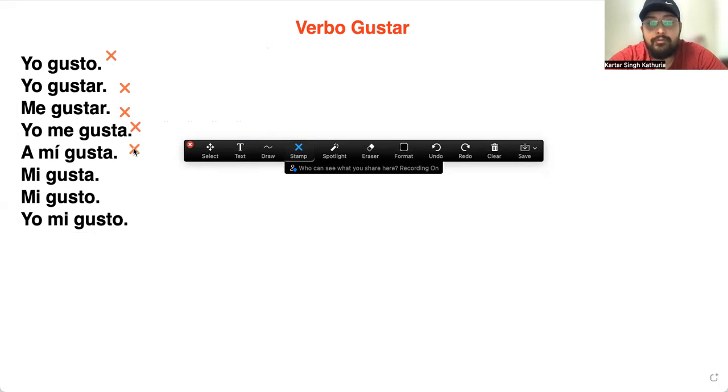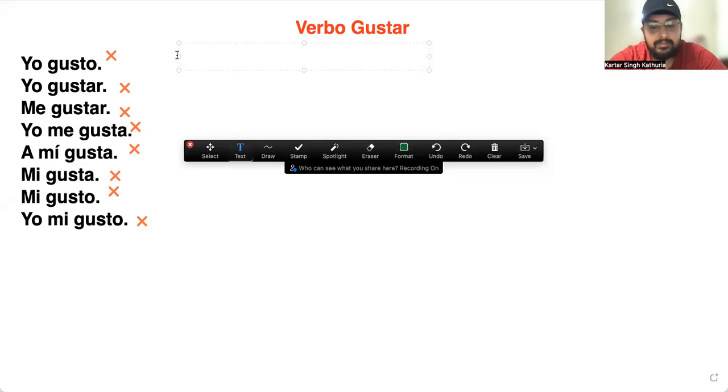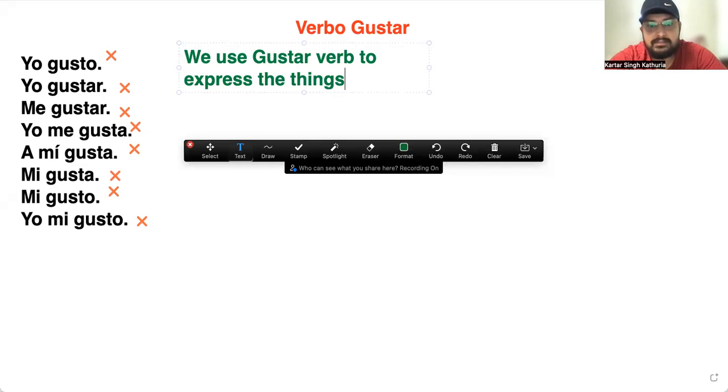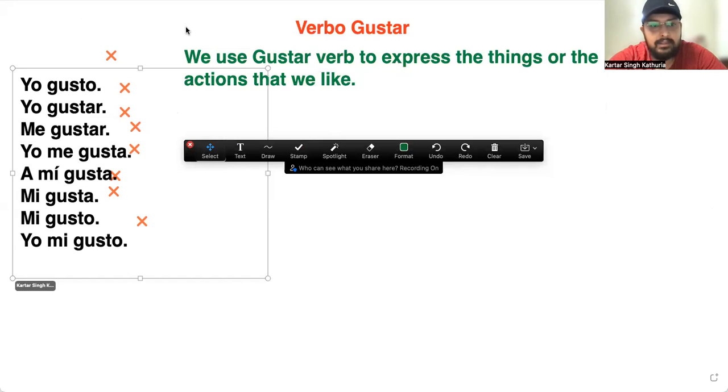And first of all, before we proceed, we will learn how and where to use this verb. ¿Dónde usar? We use the gustar verb to express the things or the actions that we like. So for that, we have indirect pronouns that come into play, and we use only those.